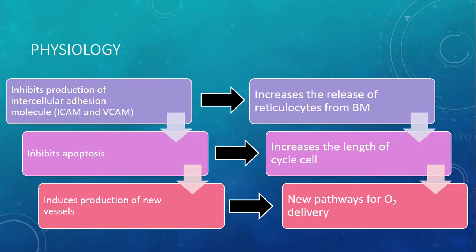However, since this hormone inhibits apoptosis, these cells that have some mistakes in the structures of the cell are also released to the bloodstream, and they do not die. And the other way of action of this molecule is that it induces the production of new vessels. So there are new pathways for oxygen delivery. Easy, right?